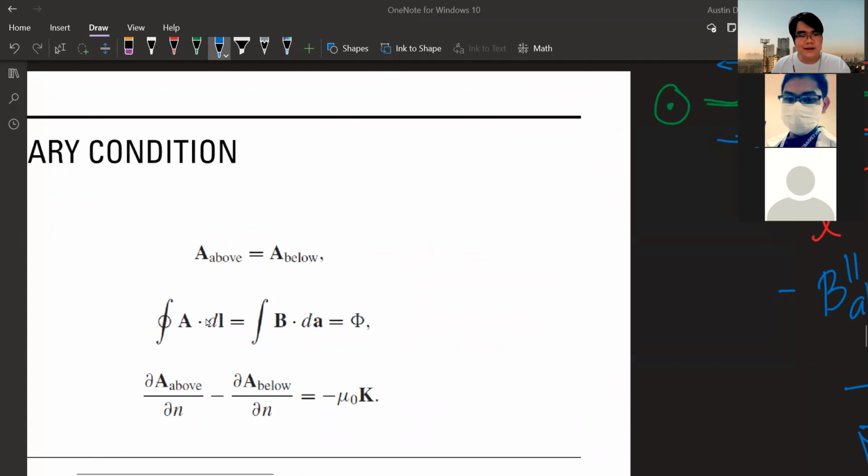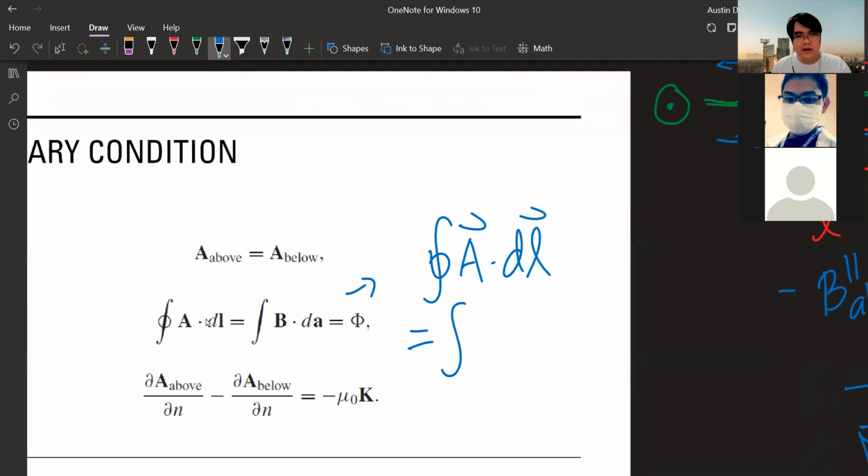Ang A dotted with dl is, kung gamitan natin siya ng Stokes theorem, this would actually give me equal to del cross A dotted with dA. Okay?